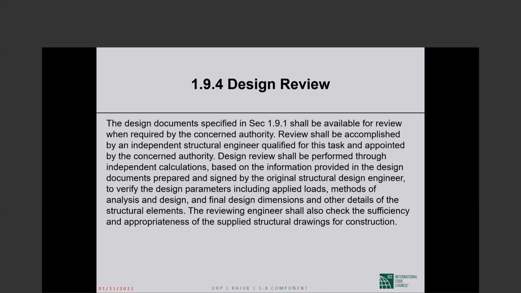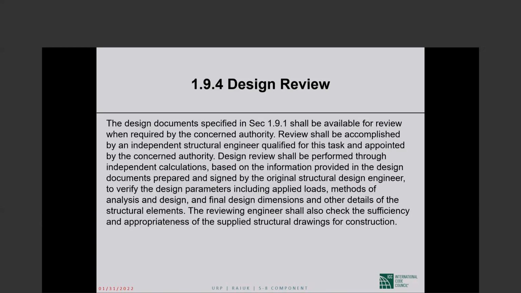That's what the code says. Based on the information provided in the design documents prepared and signed by the original structural design engineer to verify the design parameters, including applied loads, methods of analysis and design, and final design dimensions and other details of the structural elements. This is pretty uncommon as a code requirement, that the reviewer shall do his or her own calculations to verify the design. That is not typical.